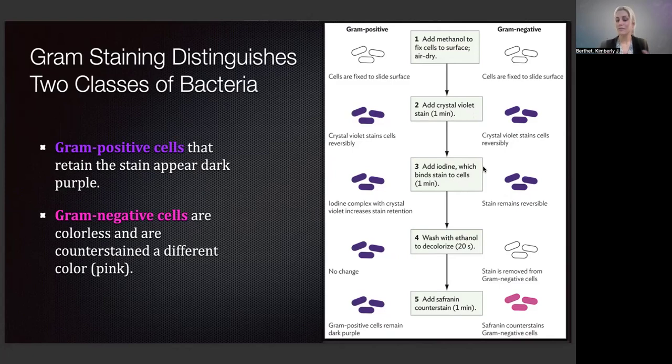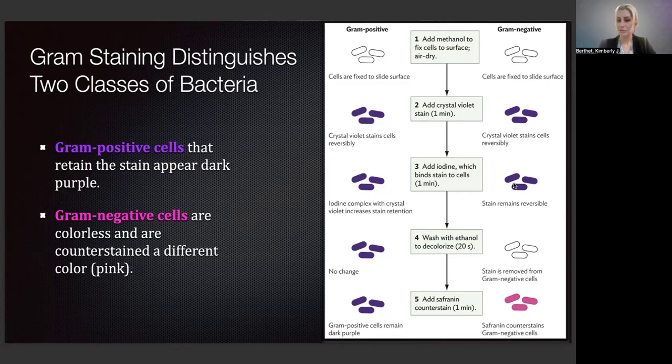So not only do we have that positive-negative attraction between crystal violet, which is positively charged, and these cells, which are negatively charged, we have iodine, which is creating a stronger bind between them. So right now, both of our gram-positive and both of our gram-negative appear to be purple. They seem to be identical.